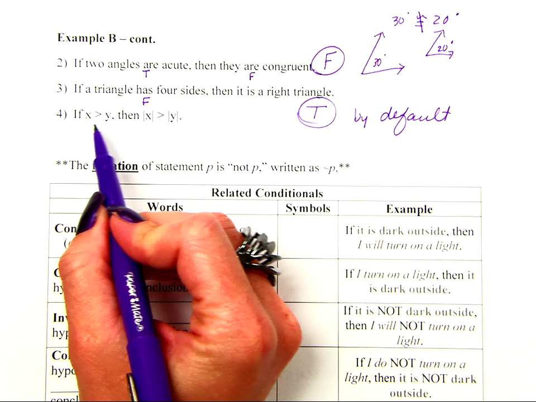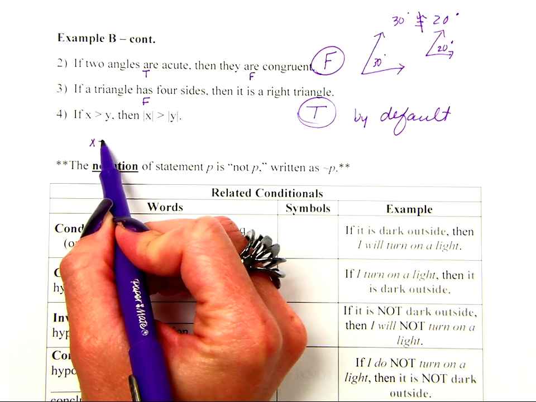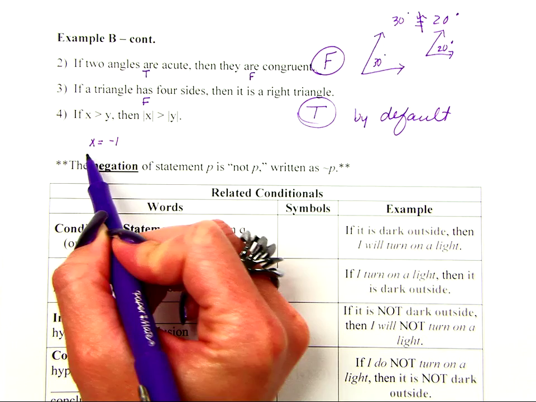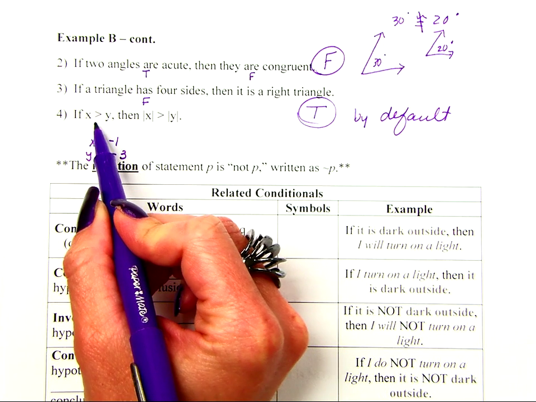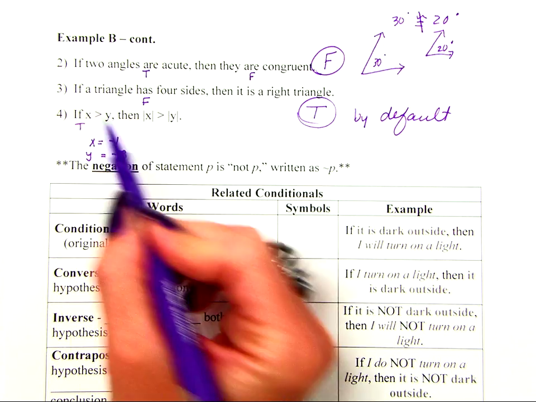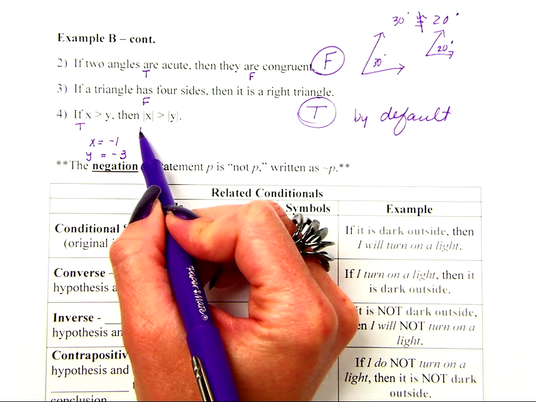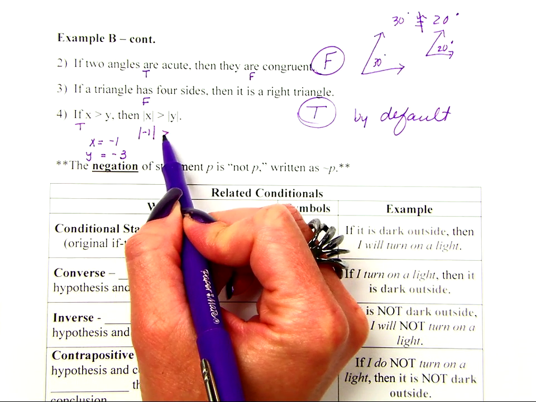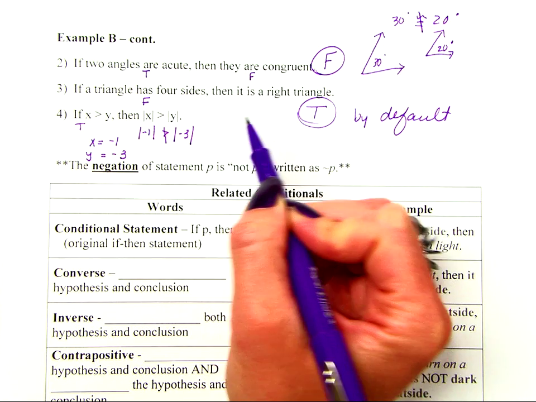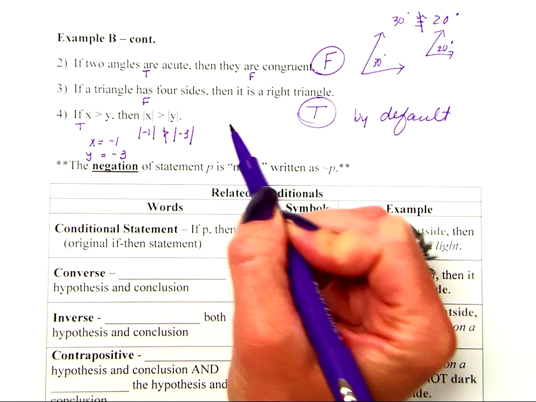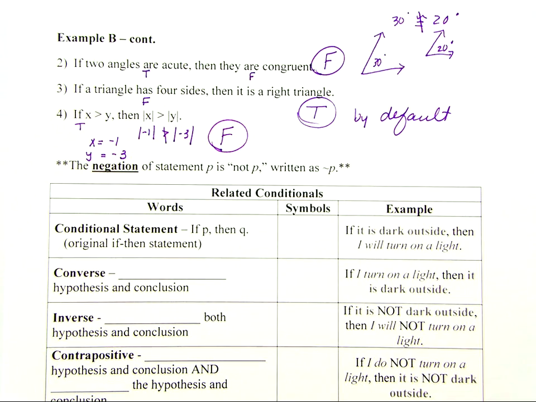Maybe when x is -1 and y is -3, x is greater than y. But when I plug these in, the absolute value of -1 is not greater than the absolute value of -3. Because I can choose an example where that's not the case, this is going to be a false conditional.